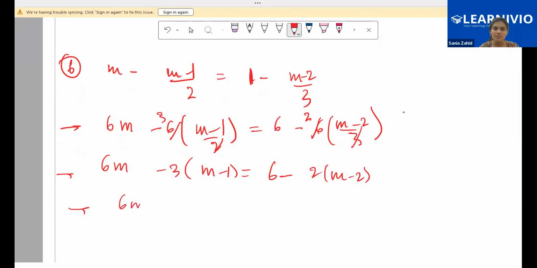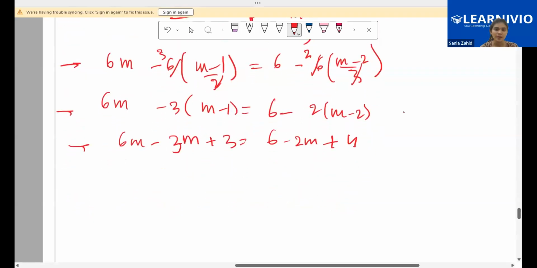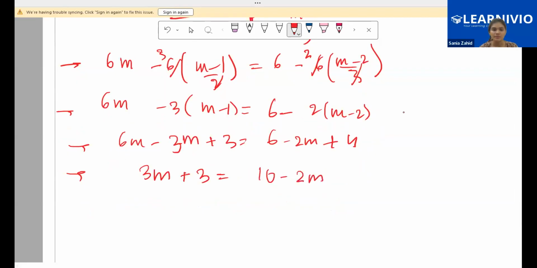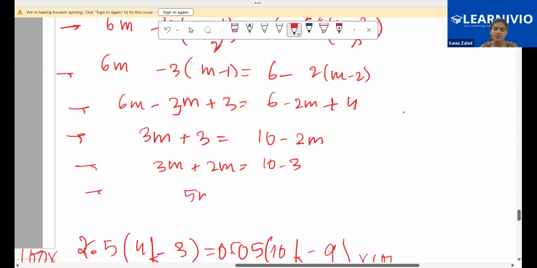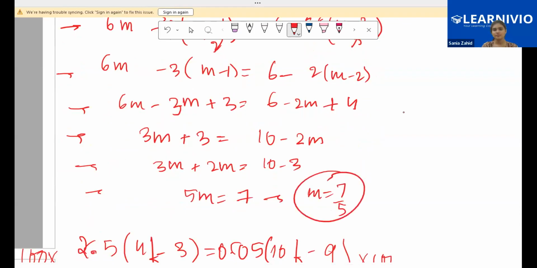Next you get 6m minus 3m plus 3 is equal to 6 minus 2m plus 4. So now you get 3m plus 3 is equal to 10 minus 2m. 3m plus 2m is equal to 10 minus 3. So you get 5m is equal to 7. m is equal to 7 by 5. Right?